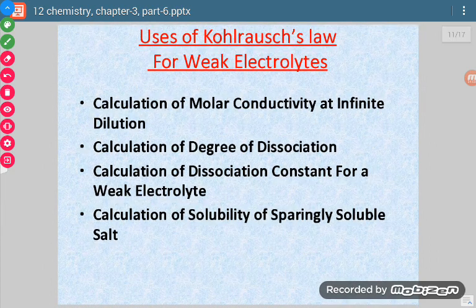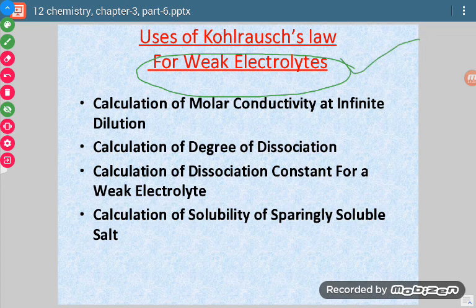Now where is it used? It is useful for calculation of four types of things. First is the molar conductivity at infinite dilution of a weak electrolyte. These four things are applicable for weak electrolytes.